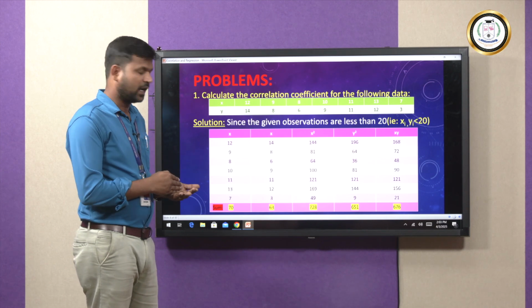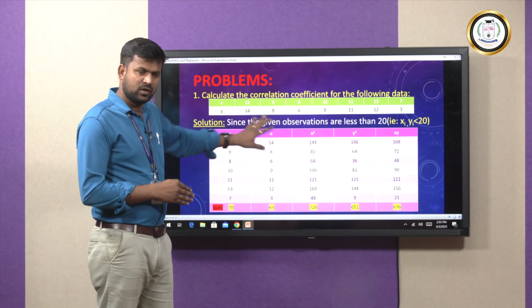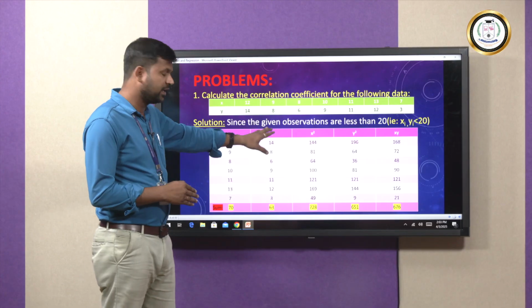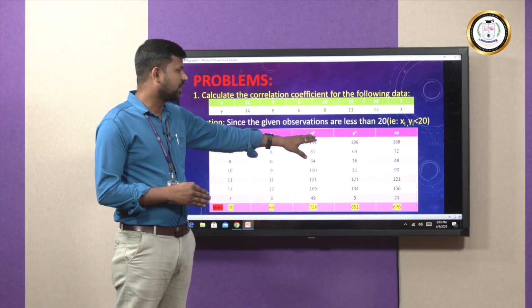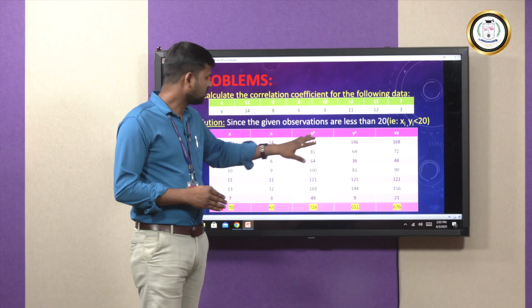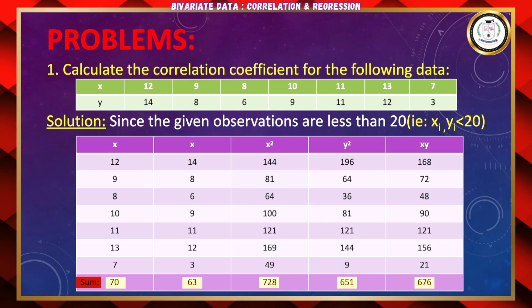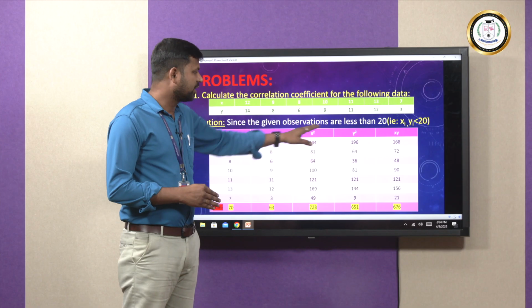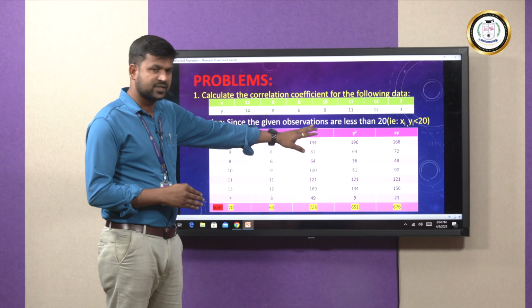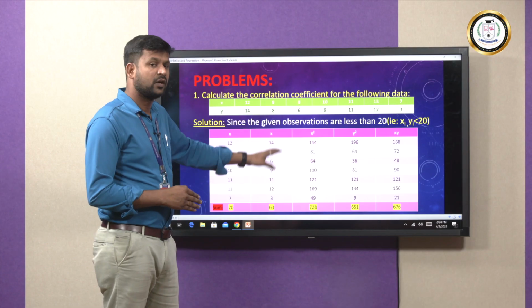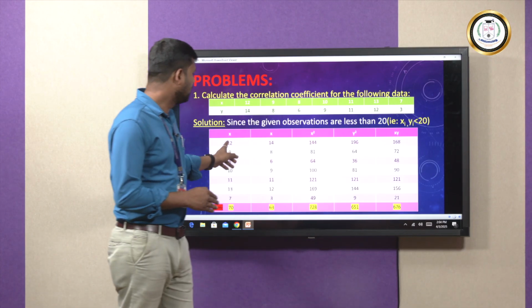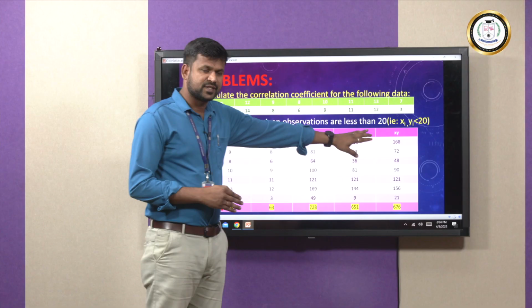Let's see the table: x, y, then x square, y square, and xy. Just square the values of x: 12 square is 144, 9 square is 81 and so on. In y, 14 square is 196, 8 square is 64 and so on. Finally, x into y: 12 into 14 is 168.